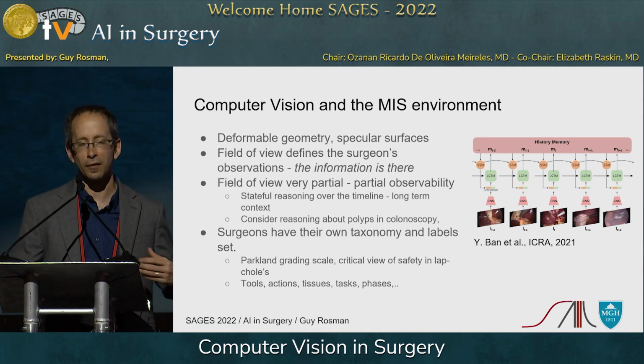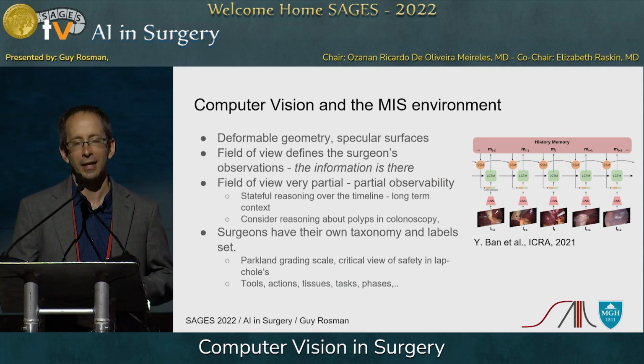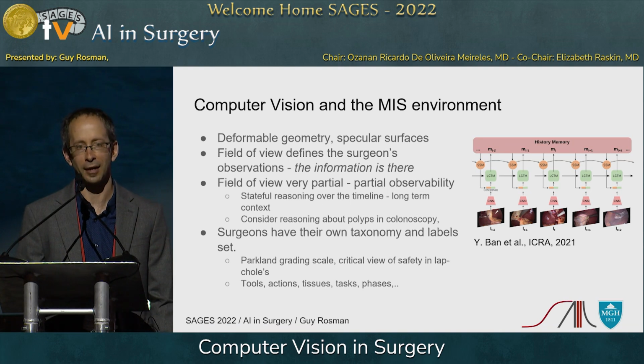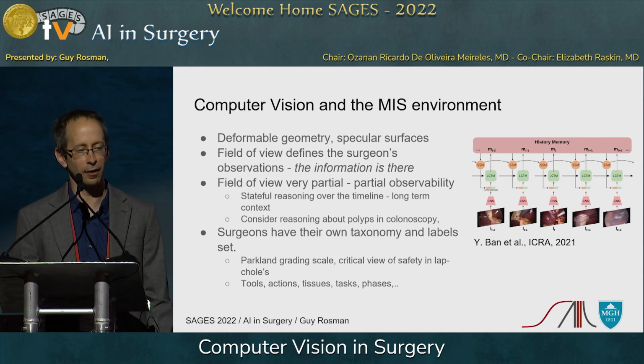So these are all different machine learning tasks, but it's also important to understand what the context is and what I expect computer vision to do when it comes to minimally invasive surgeries. There are a few differences from standard computer vision. First of all, there's a lot of deformable geometry and specular surfaces because of soft tissues and bodily fluids.